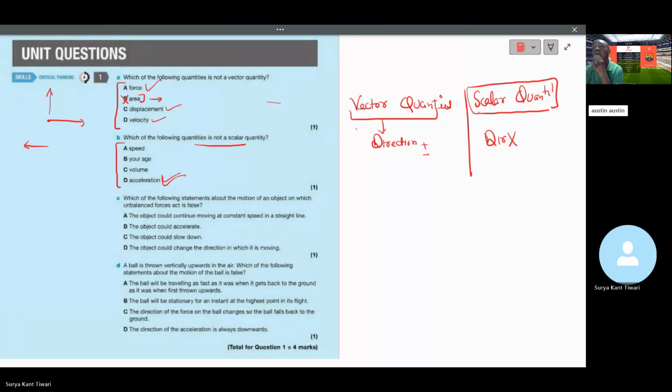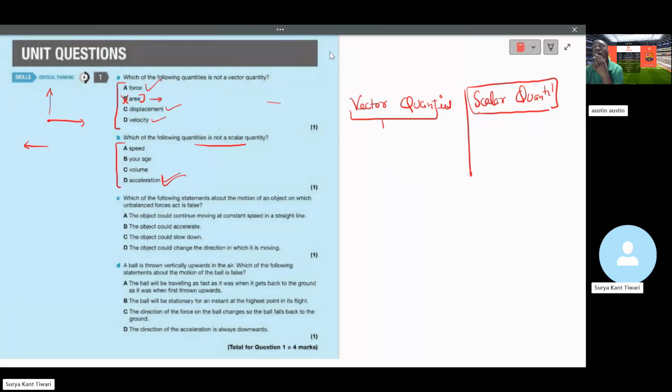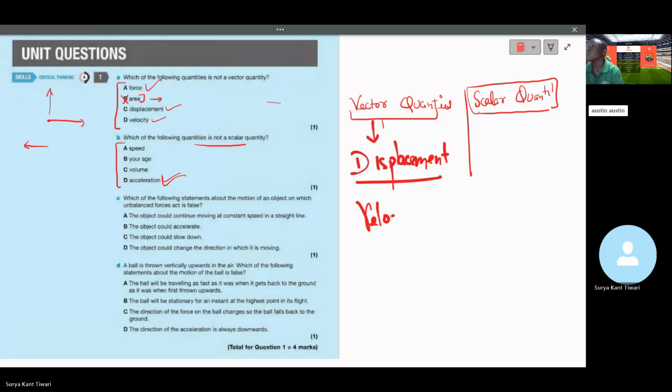Okay, yes, sir. I will write all the scalar and vector quantities. See, all the vector quantities I'll write here. Displacement is a vector. After displacement you have velocity, acceleration and force.